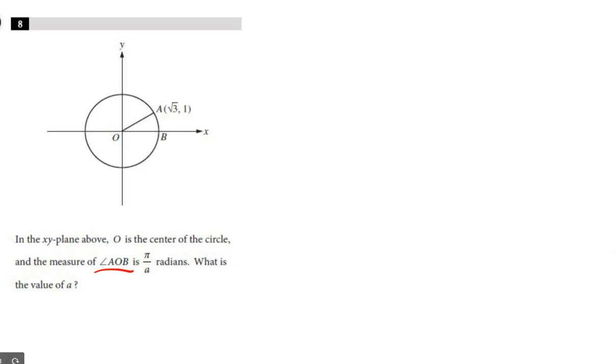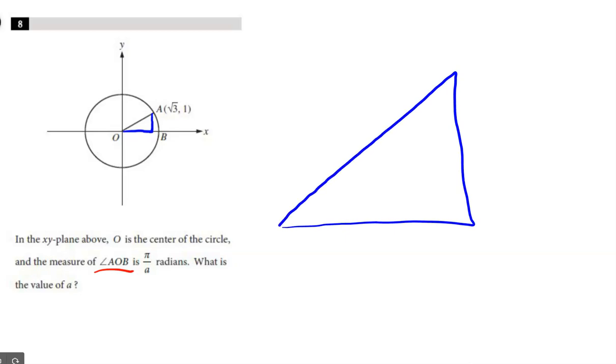Well, let me just focus on this triangle. If I just kind of focus on this triangle right here, and I'm going to blow it up. If this is the x value, that means we come over radical 3. And then if this is the y value, that means we go up by 1. I should be able to find the radius of this circle.